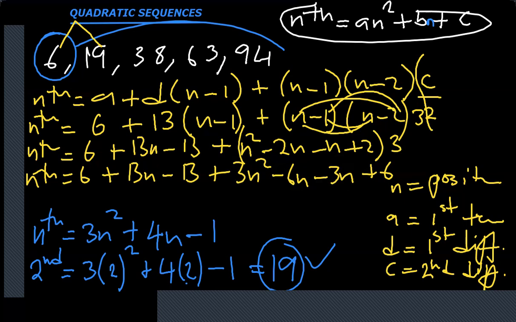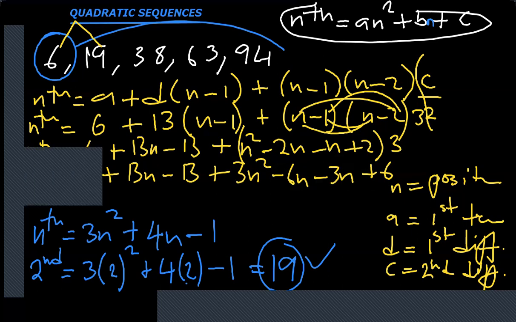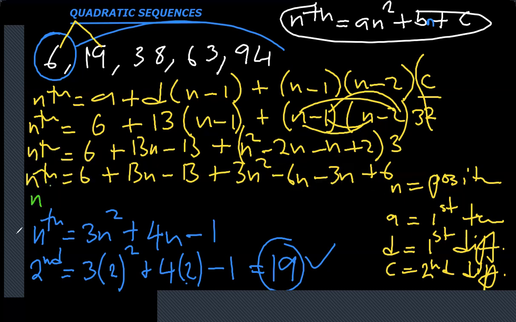So the nth term is equal to, this one has no like term, so we start with 3n squared plus, let's collect 13n plus 6n, that gives us 7n. 7n minus 3n gives us plus 4n.